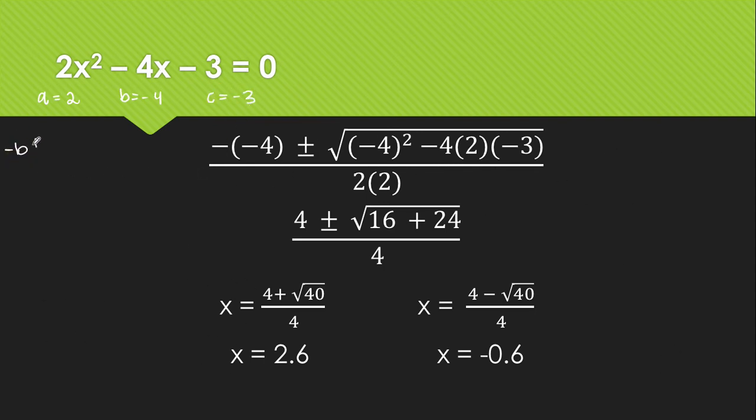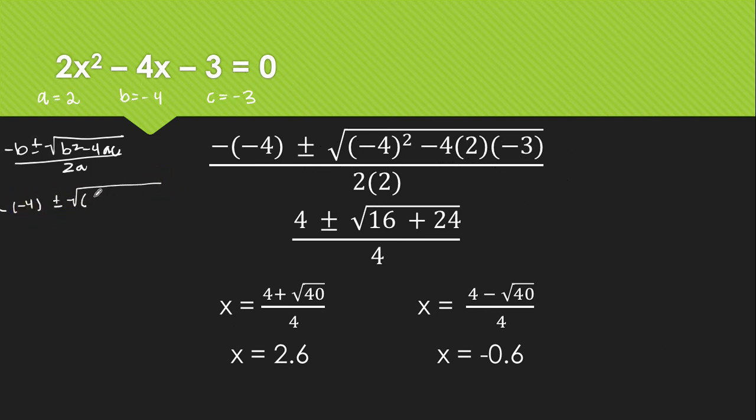So negative b plus or minus the square root of b squared minus 4ac divided by 2a. Negative b. Wait a minute, my b is already negative. So what do you think that means when I plug in that negative 4? That b is going to end up turning positive. That's right.